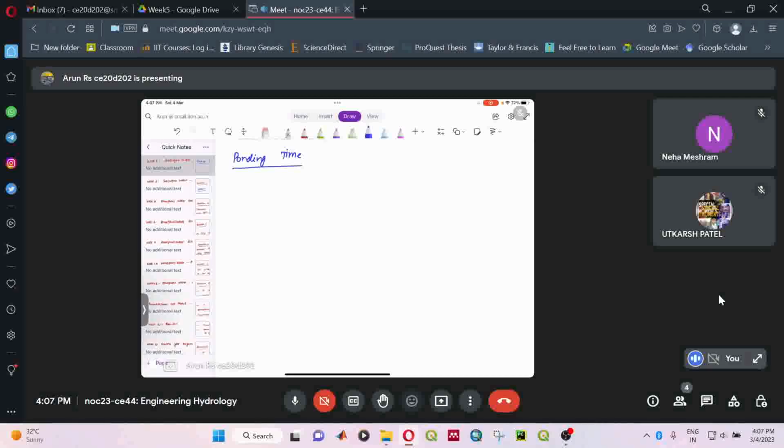Initially your rainfall intensity may be less than your potential infiltration rate, and after a certain time your soil begins to saturate and the potential infiltration rate decreases with time. After a certain point, your rainfall intensity will be more than the potential infiltration rate. That is the condition where water will start to pond on the soil surface.